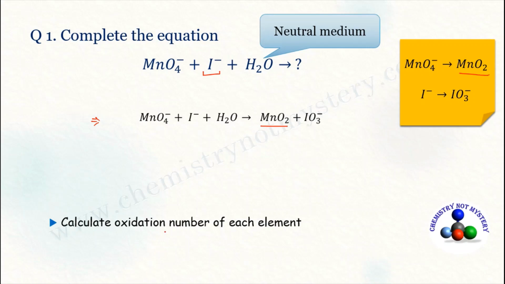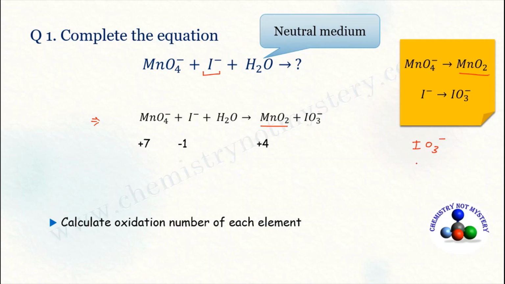First of all, calculate the oxidation number of each element involved in this equation. So oxidation number of Mn will be +7. Oxidation number of I negative will be -1. Oxidation number of Mn in MnO2 will be +4. And the oxidation number of iodine in IO3 negative, here you need to calculate it.